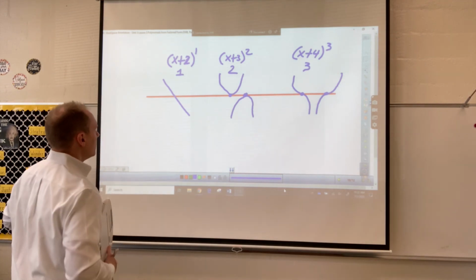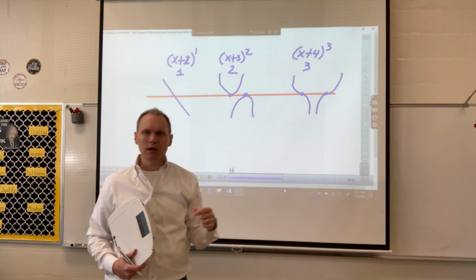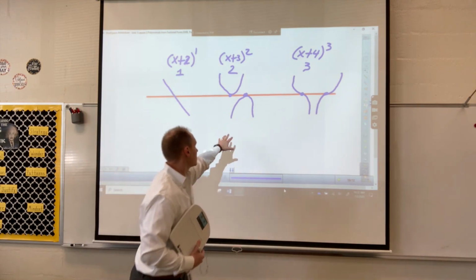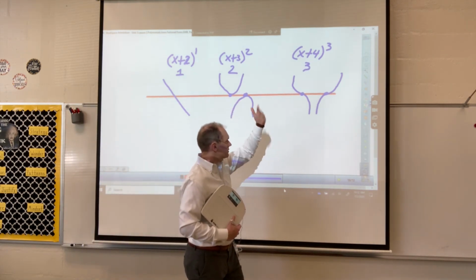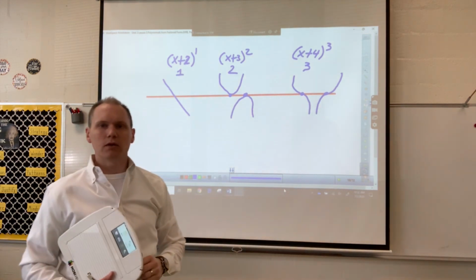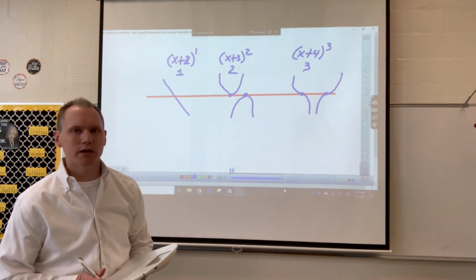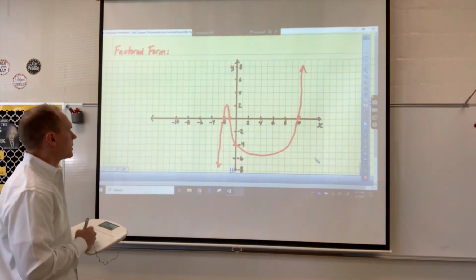And so the degrees after that look very similar. Evens after that look like this here. Odds after that look like this here. Whatever the degree or exponent is, you can adjust based on that idea.